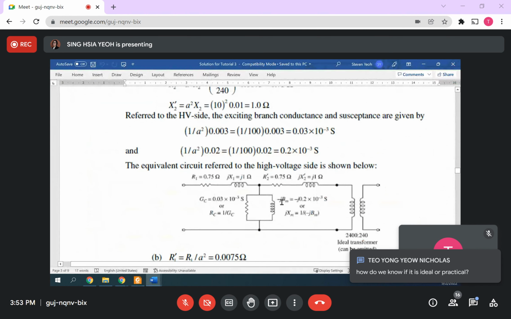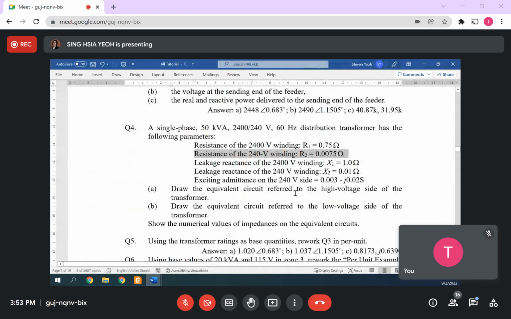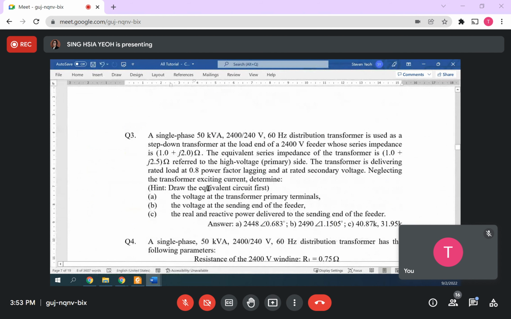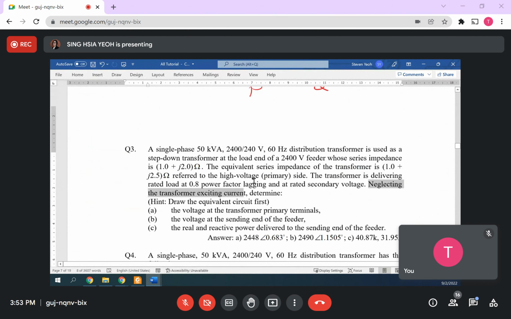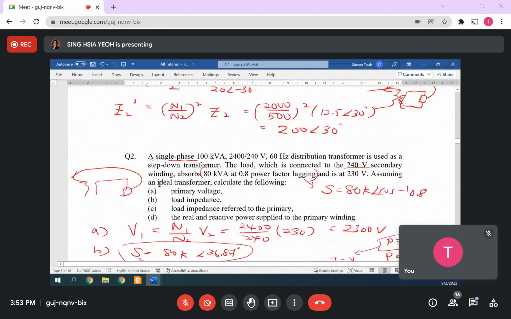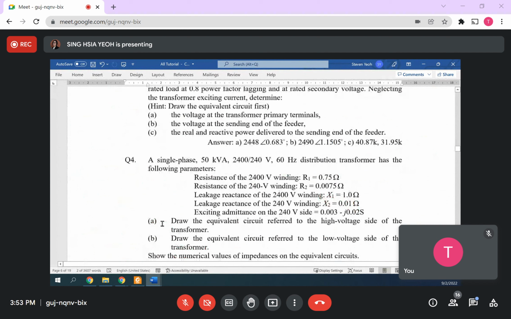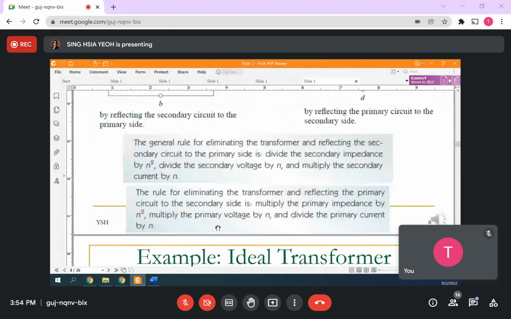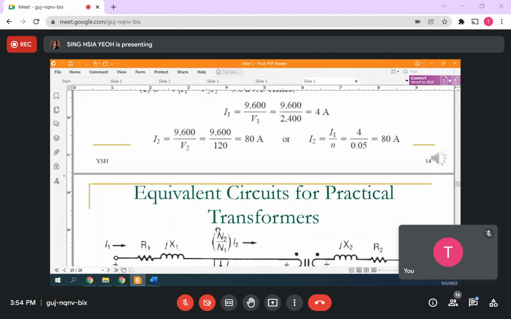How do you know whether it is ideal or not? I think the question states so. Normally for an ideal transformer, they will tell you to neglect the transformer exciting current, or assume it is an ideal transformer. In this question we look at it and know it is a non-ideal transformer because we have this exciting admittance. It means it is actually this part.